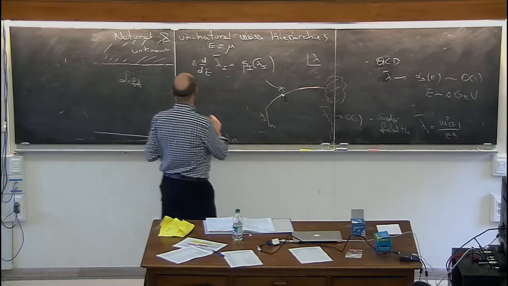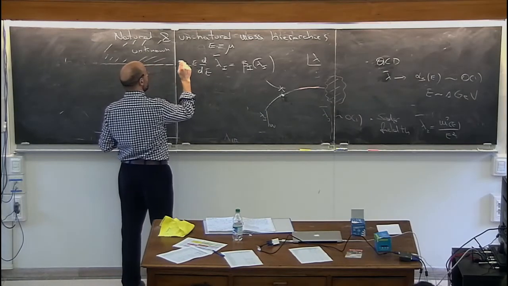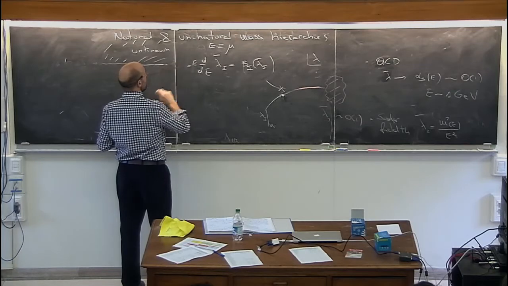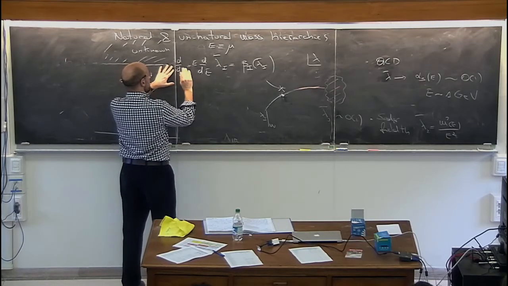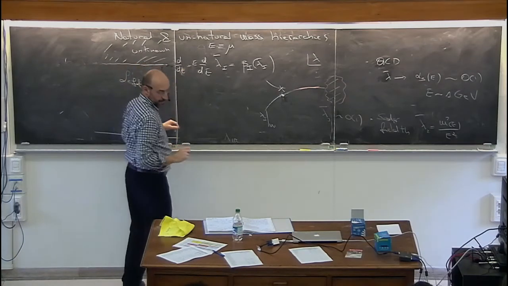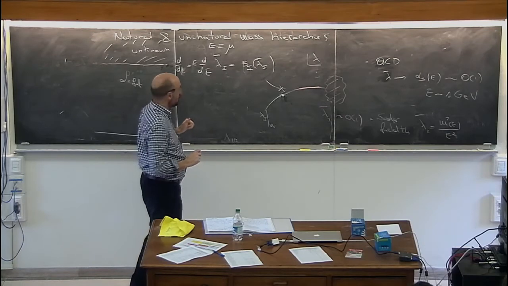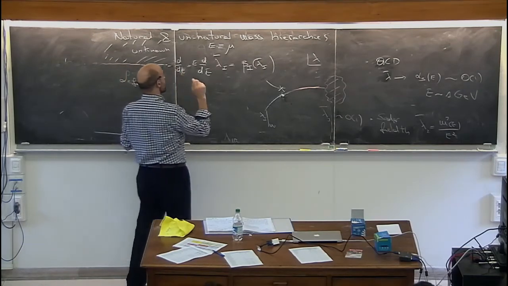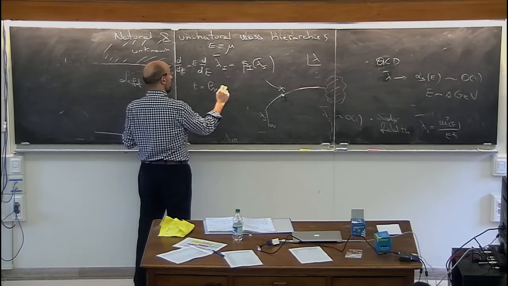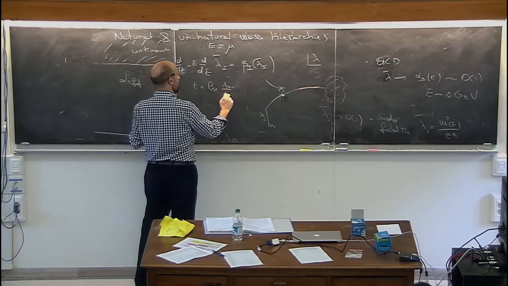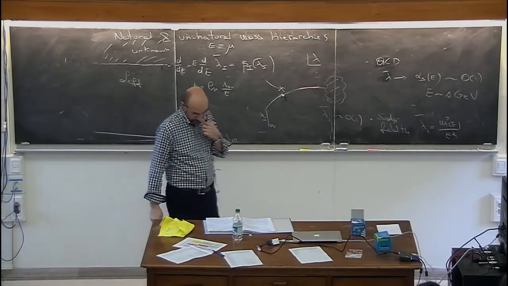And this can be written also in terms of a logarithm, minus d/dt, where t is log of the UV scale divided by E. That's the way you can write it.